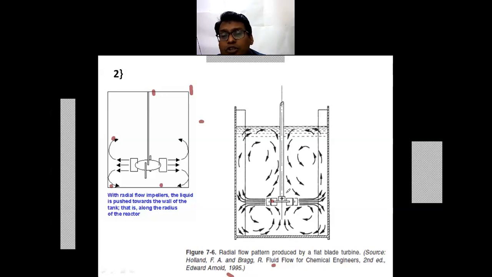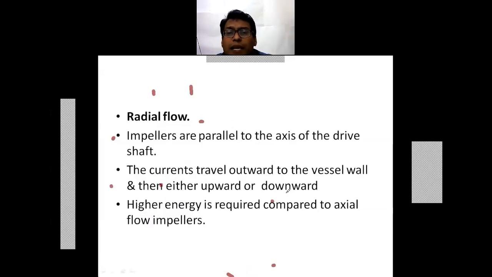This is because of the flow pattern which is completely perpendicular to the vessel. Impellers are parallel to the axis of the vessel shaft. That is very much essential. Then and only then you will get a radial flow.